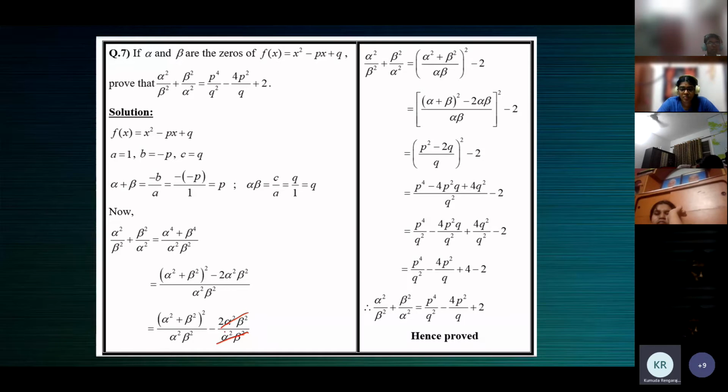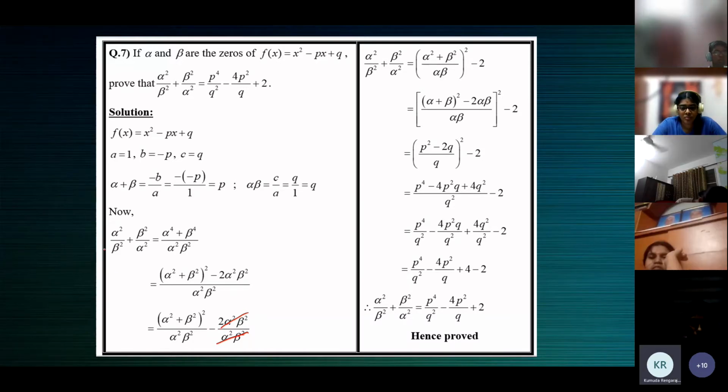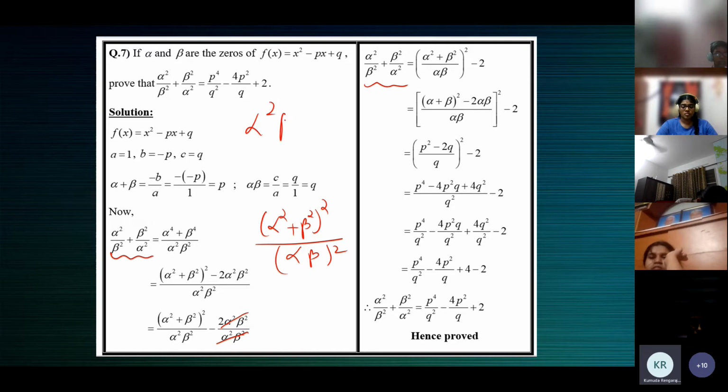I've just written the same thing here. This one is equal to alpha square plus beta square the whole square by alpha beta the whole square. See, it's like this: alpha square plus beta square the whole square divided by alpha beta the whole square, because alpha square beta square is nothing but alpha beta the whole square.